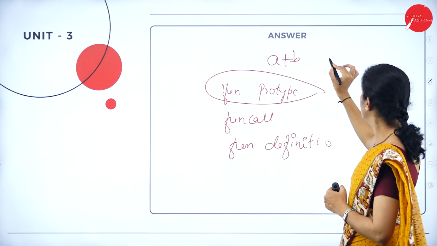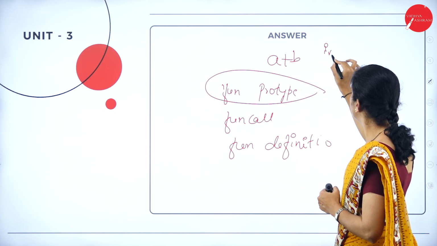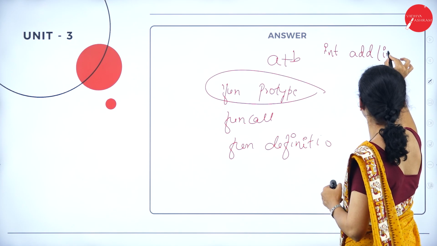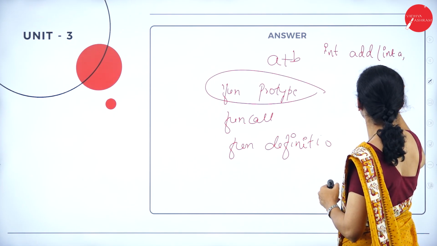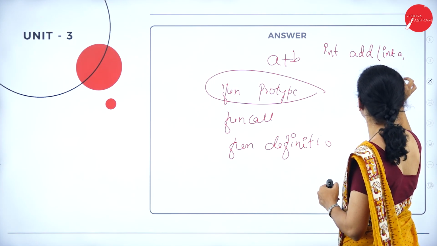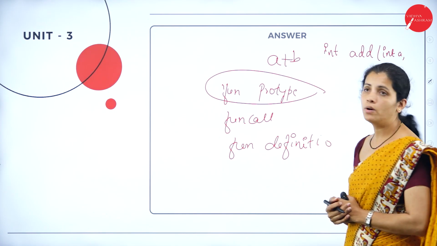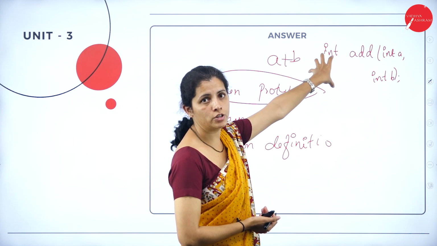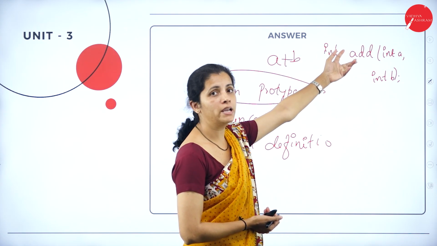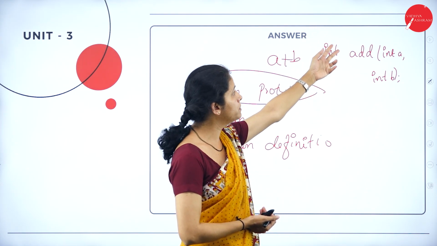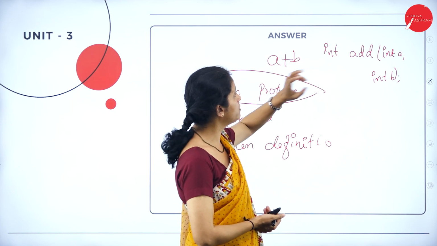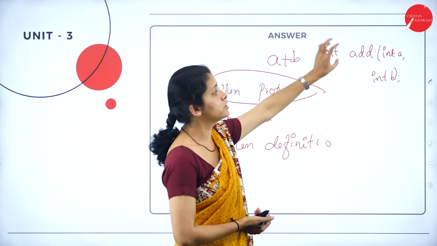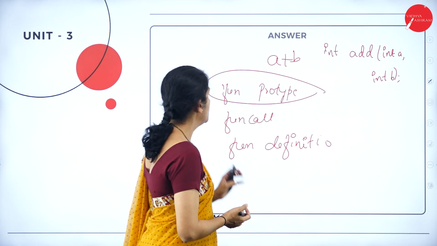For example, int add(int A, int B); And where am I going to write this? Above the main function. Why above the main function? In the sense, I want to inform the compiler that this is my function and I'm going to use this function in my program.